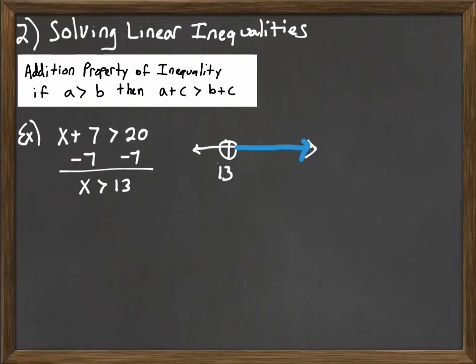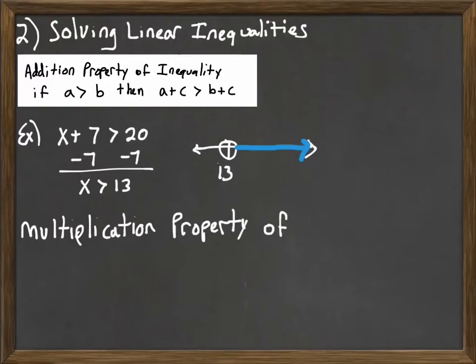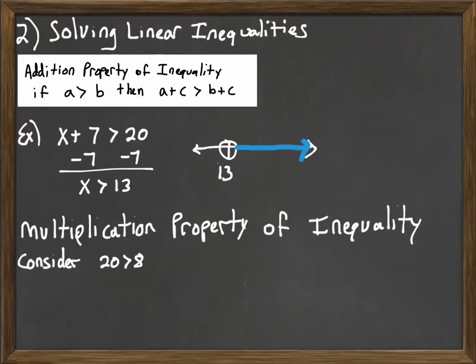Now things get a little more interesting when multiplication is brought into play. So we have our multiplication property of inequality. Before we get to what it is and why it's more complicated, consider the following inequality. 20 is definitely greater than 8. I would rather have $20 than $8.